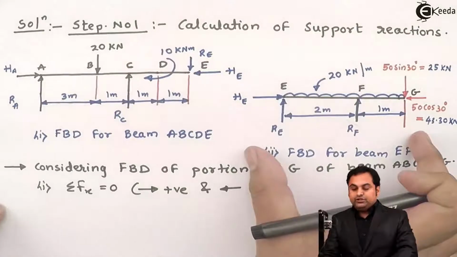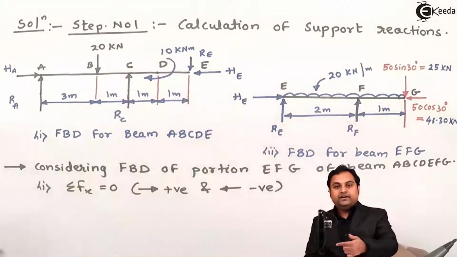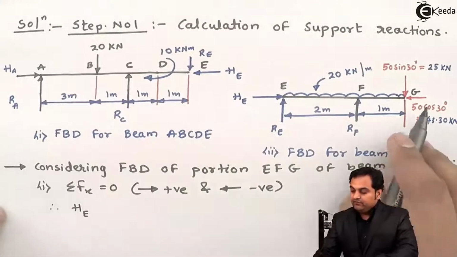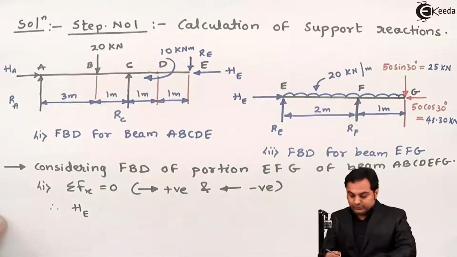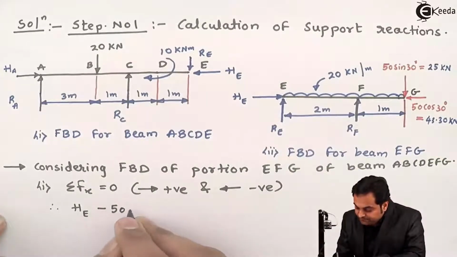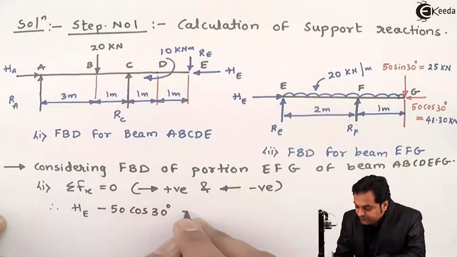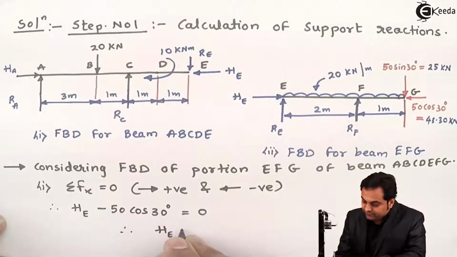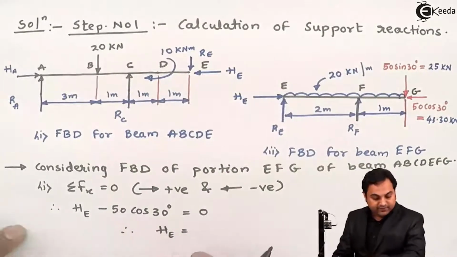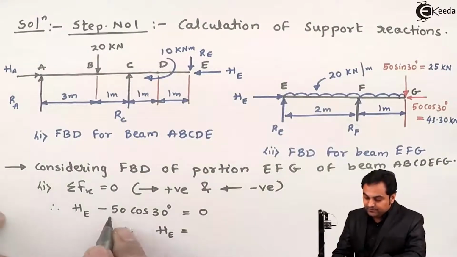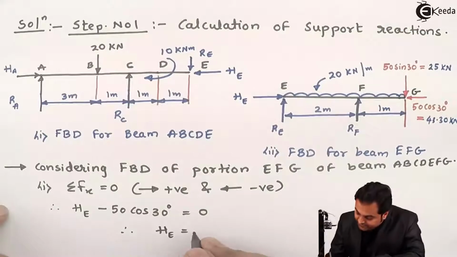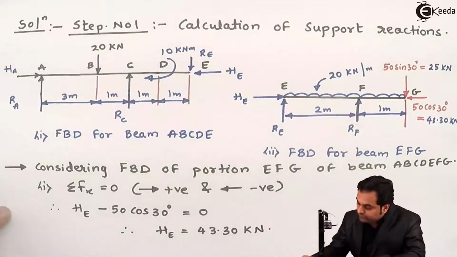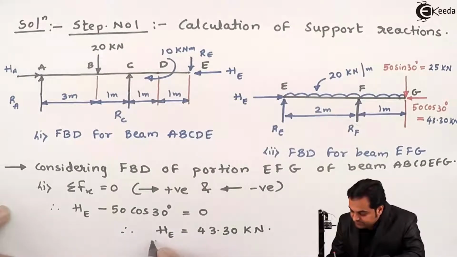In portion EFG, HE is acting towards right, so positive. 50 cos 30 is acting towards left, so minus 50 cos 30 is equal to 0. There are no other horizontal forces present. So I'll get HE equal to 50 cos 30, which is 43.30 kilonewton. This is the value of the horizontal reaction at the internal hinge point E.